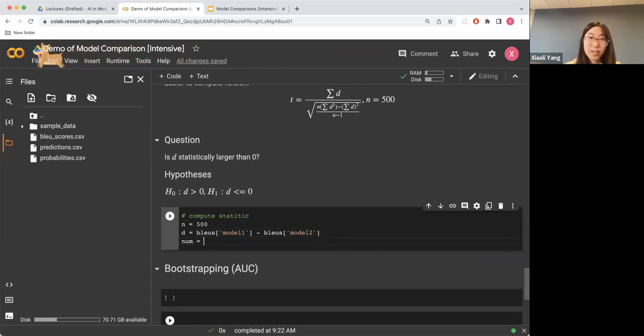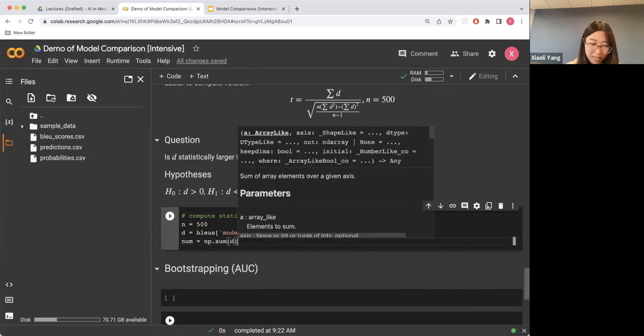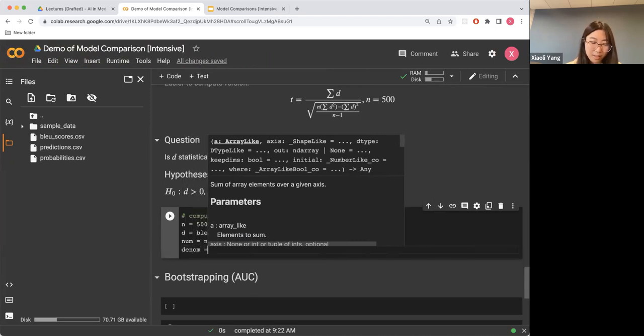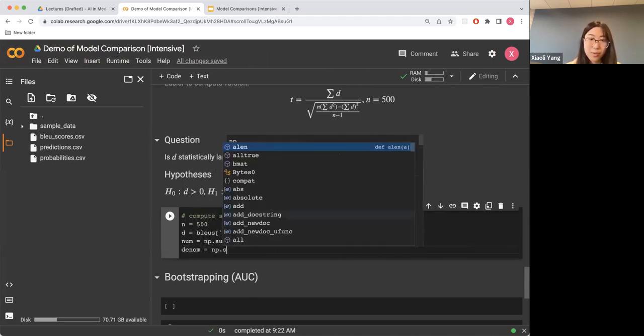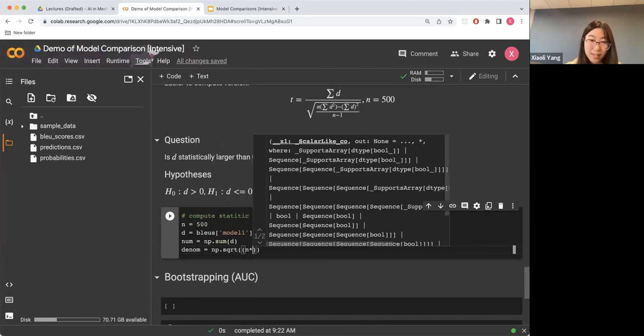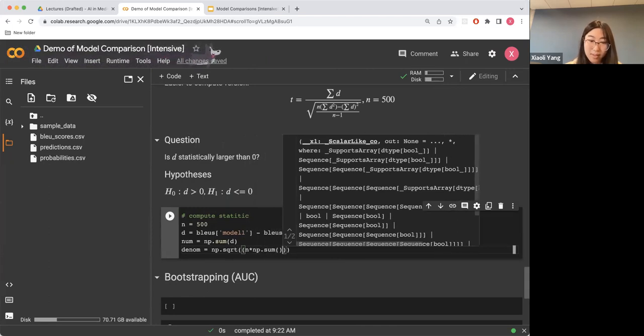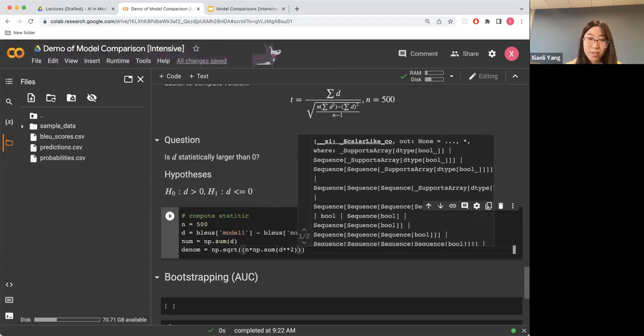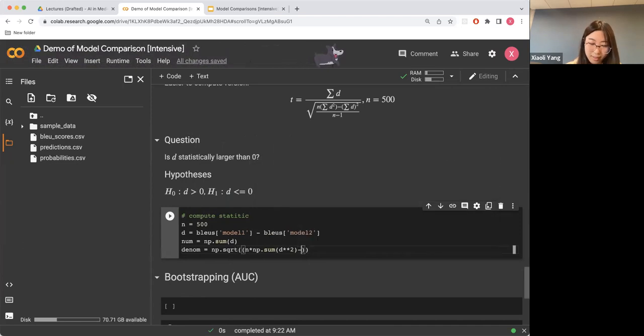Then the numerator, according to the formula, is the sum of D. The denominator is a little bit complicated: it's a square root, and within it, the numerator is n times the sum of D squared, minus the sum of D, squared itself.